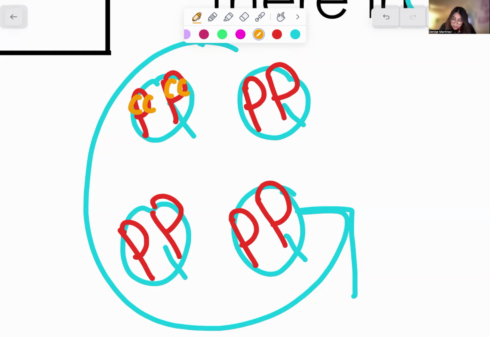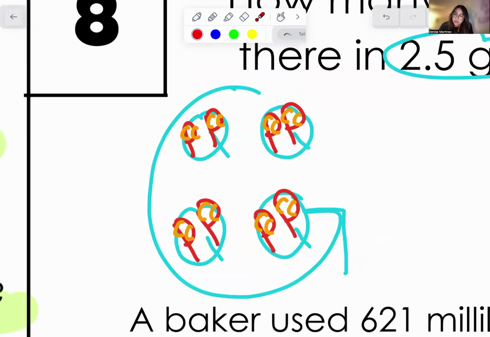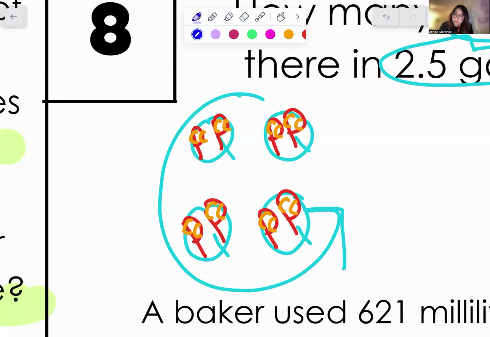So in each pint, I'm making 2 cups. So that means in 1 gallon, I'm going to count how many cups I see. 1, 2, 3, 4, 5, 6, 7, 8, 9, 10, 11, 12, 13, 14, 15, 16. So in 1 gallon, there are 16 cups.